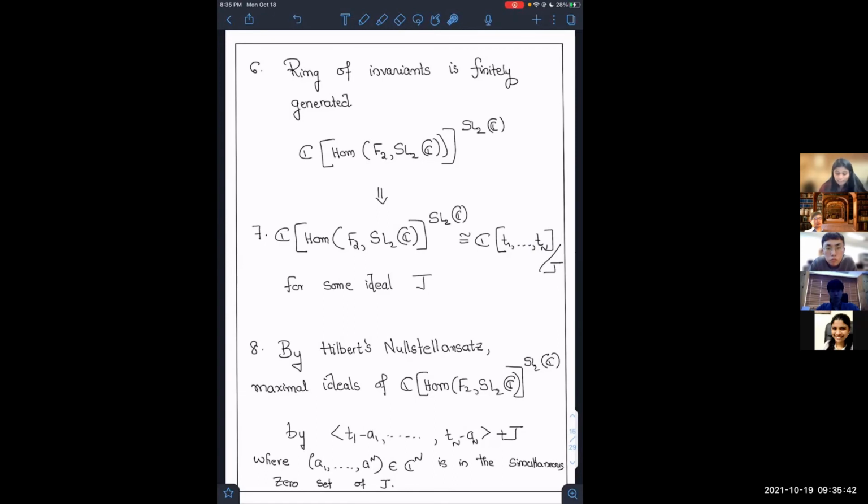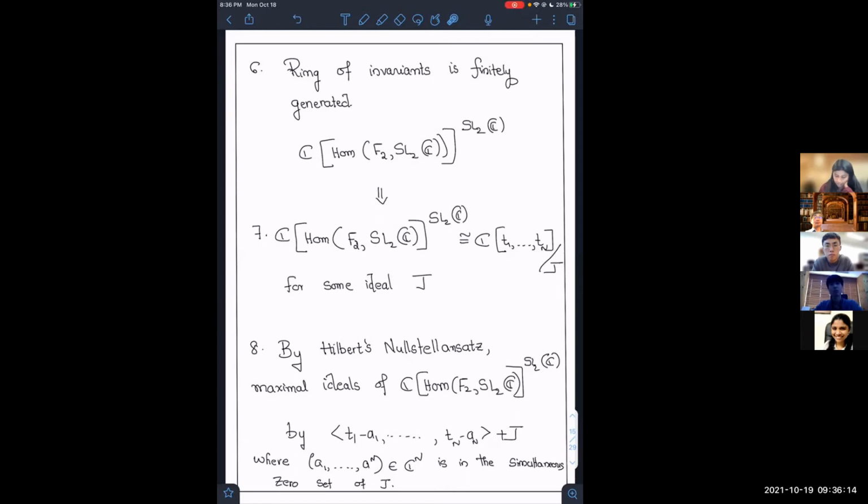The idea is, like I said, we look at the ring of invariants, and then we find the corresponding variety to this invariant ring. So that is the whole idea. Once we find the invariant ring here, what is the corresponding variety of that?